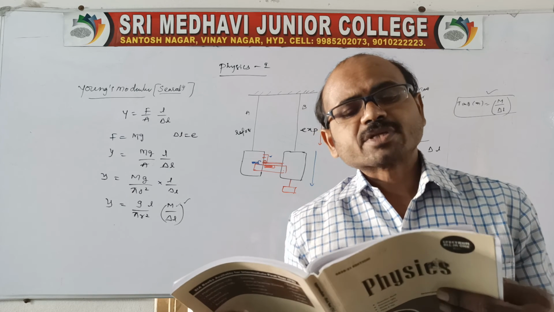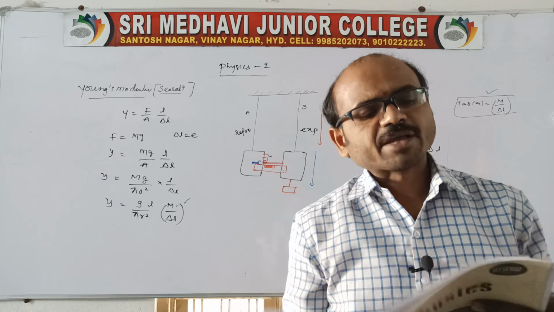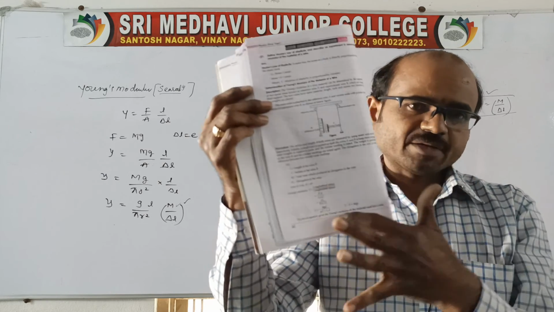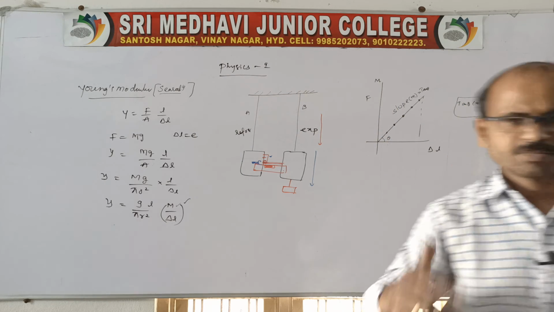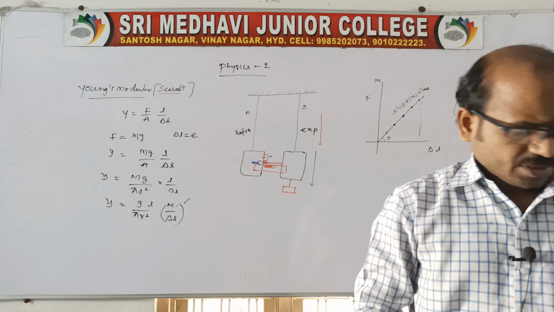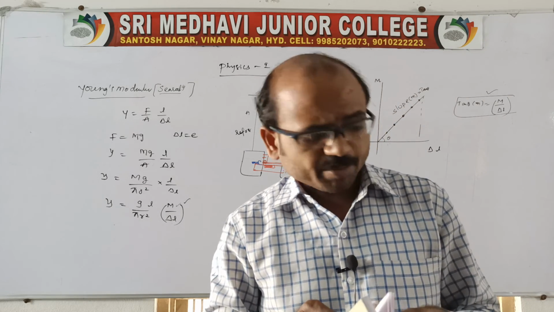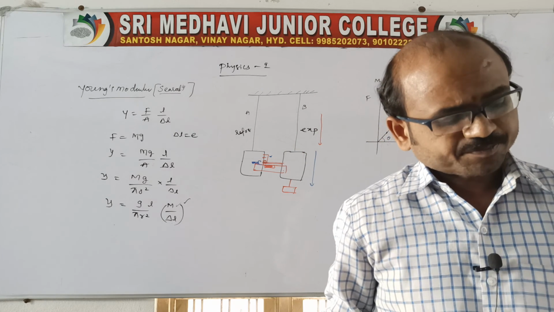The question is: define Hooke's law of elasticity and describe the experiment to determine the Young's modulus of the material of the wire. So here you go through this diagram. This is given. So this is an explanation related to this question. Is it clear? So this is about the Young's modulus of a material of a wire by using Searle's experiment.